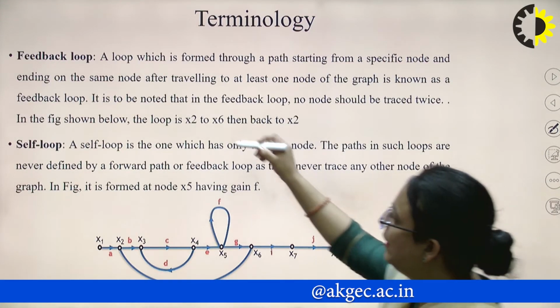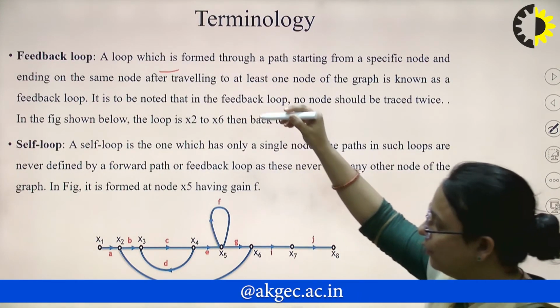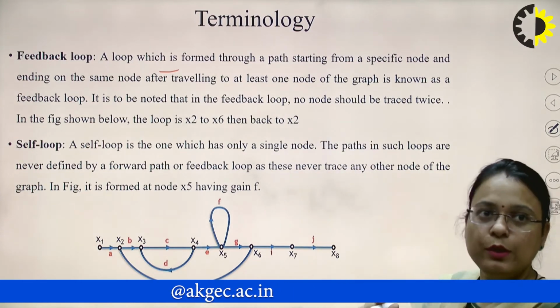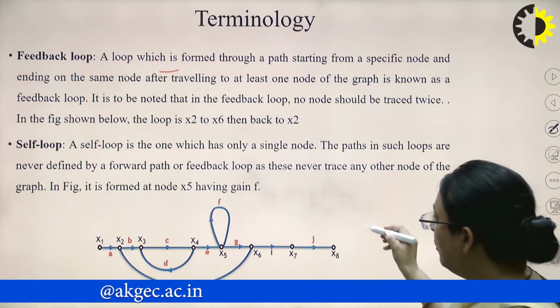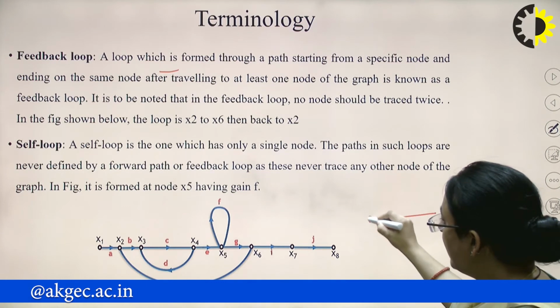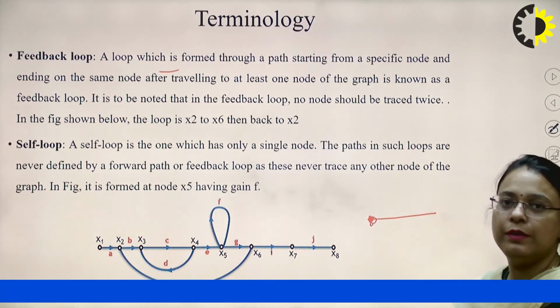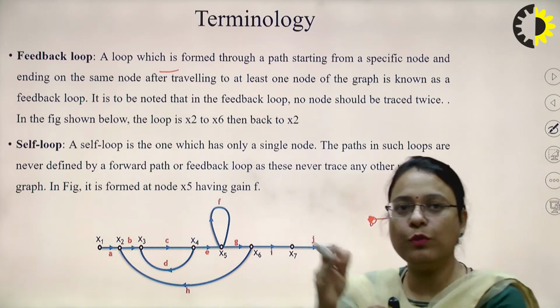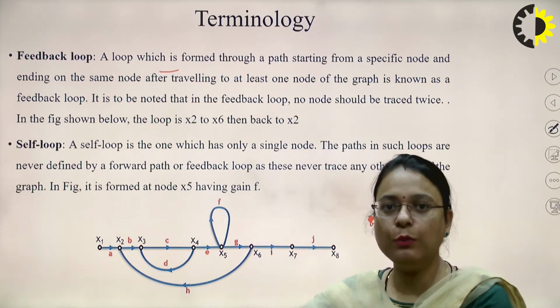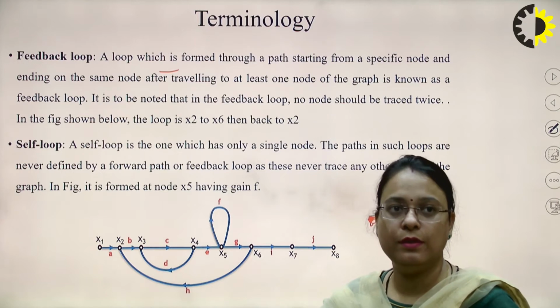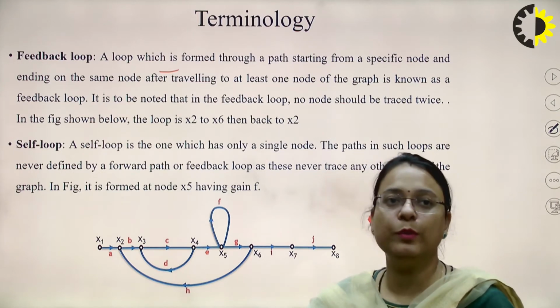Now what is a feedback loop? A loop is a path which starts at a particular node and ends at the same node, but travels through at least one node, without tracing any node twice. That is known as a feedback loop.